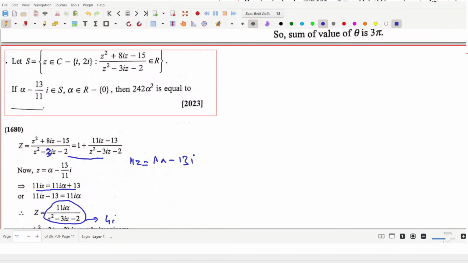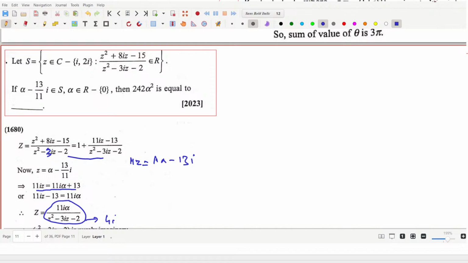Instead, in this case you have to take i common. If you take i common, you get i into cos theta minus i sin theta, because i into i is minus 1, giving plus sin theta.